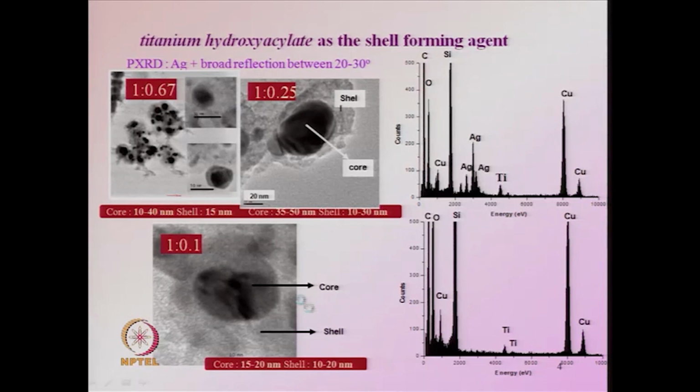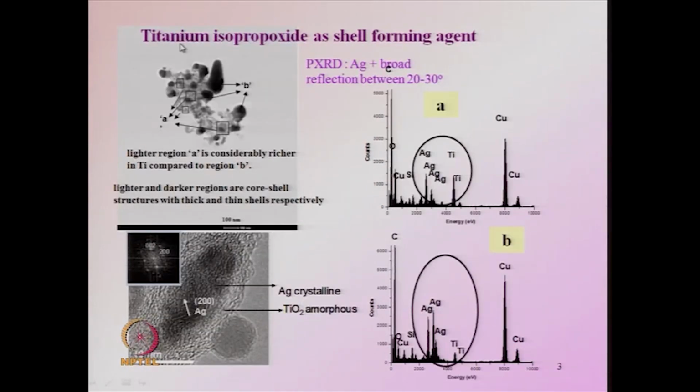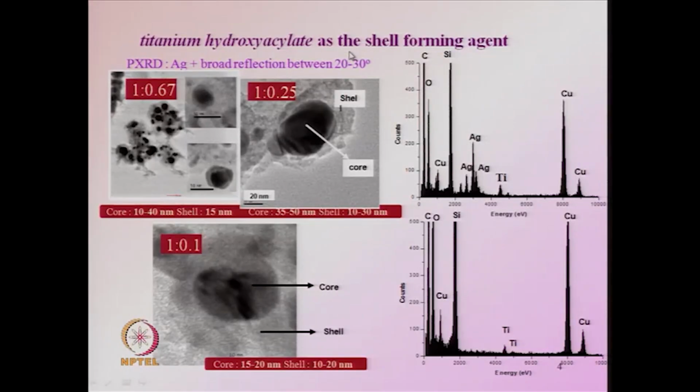Now, here you had started with titanium isopropoxide as the reagent for the shell, and you can change that reagent. This example is based on titanium hydroxyacylate. This is another starting material which you can make using acetic acid and some titanium based starting material, and you get this titanium hydroxyacylate.